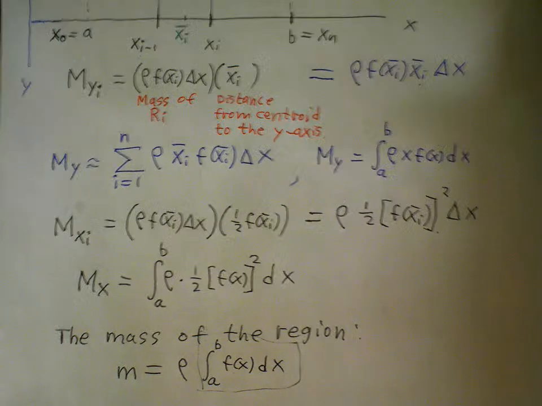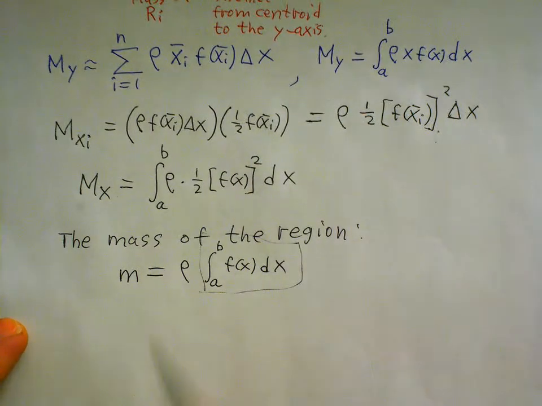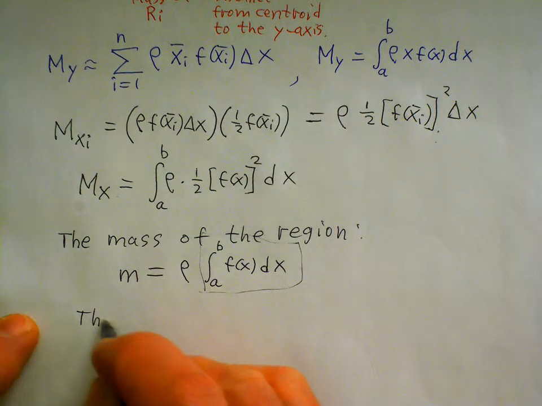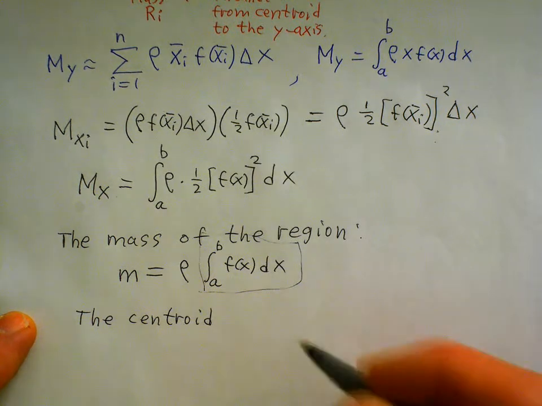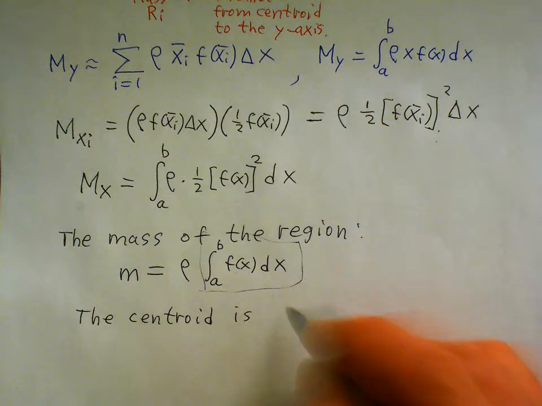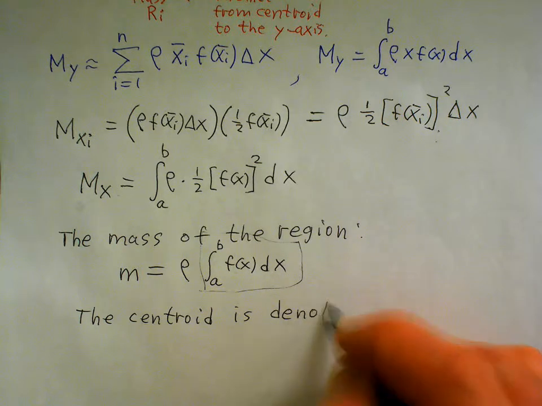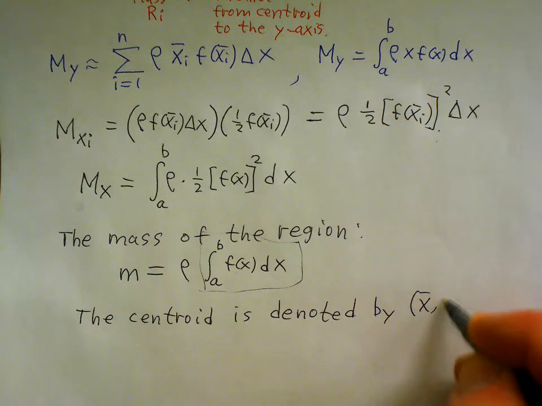And so by definition, the centroid, or the center of mass, center of gravity, is denoted by the ordered pair x bar, y bar.